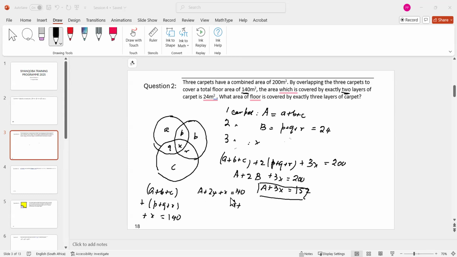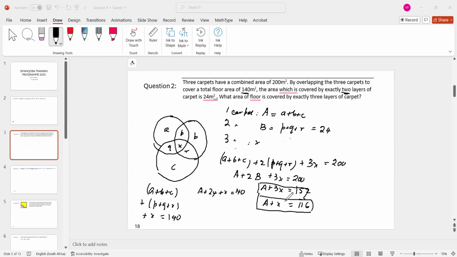So I can bring the 24 to the other side and have my second equation. A plus X equals 140 minus 24, which is 116. And so now I've got two equations in two unknowns, and that allows me to calculate X.